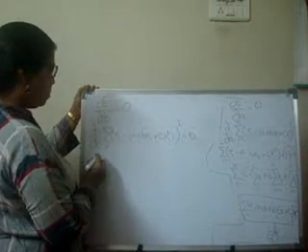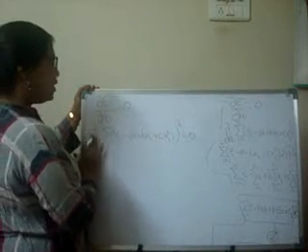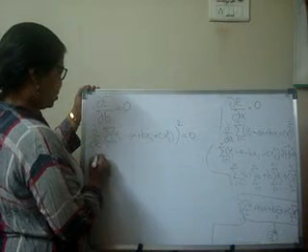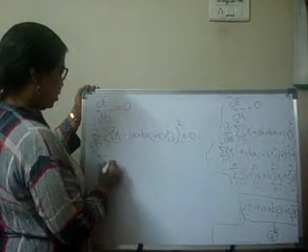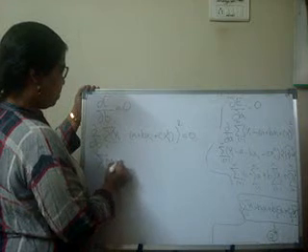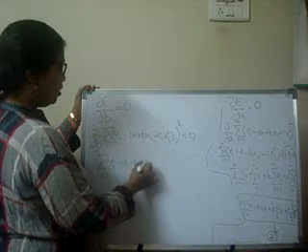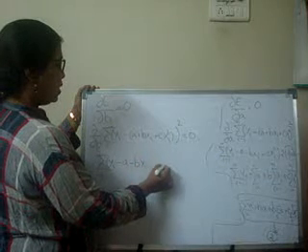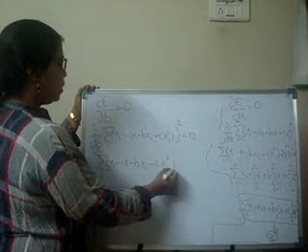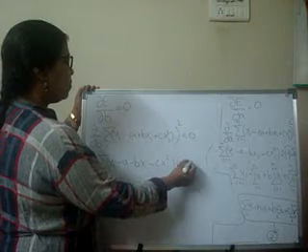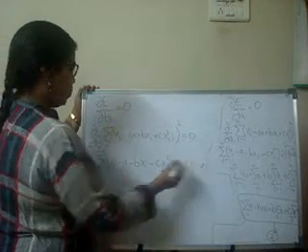Now if I partially differentiate with respect to b, I am going to get summation over i (yi minus a minus b xi minus c xi square) into minus xi equals to 0.